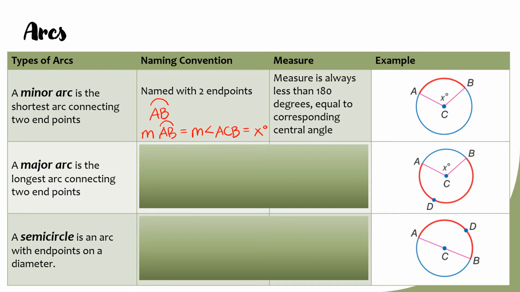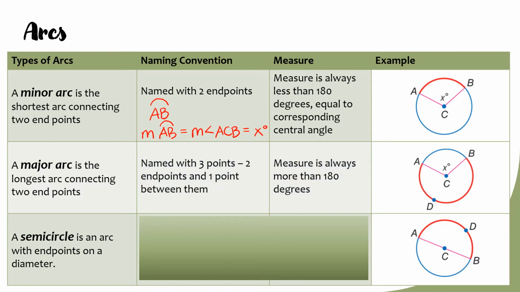Okay, we're going to flip-flop that for a major arc. Now a major arc is the longest arc that's connecting two endpoints. We're going to name these a little bit differently so that we can be a little bit more clear about what's going on. So we name these with 3 points. We use the endpoints, so again, we're looking at A and B as the endpoints.